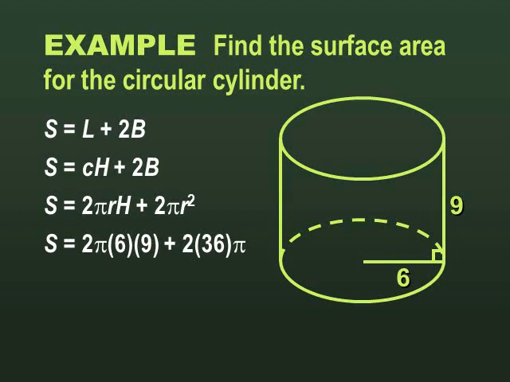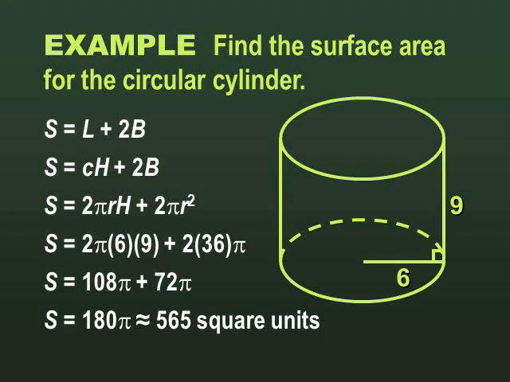I know my radius is 6, I know 6 squared is 36, and I know my height is 9. So there's all my parts, and now I can just plug it in. And since I have 108 pi and 72 pi, I can combine those to 180 pi, and that's approximately 565 square units. 180 pi is the exact answer because pi is an irrational number.